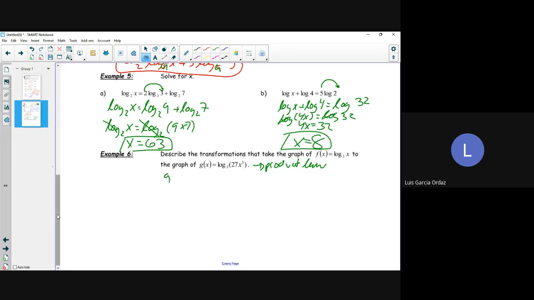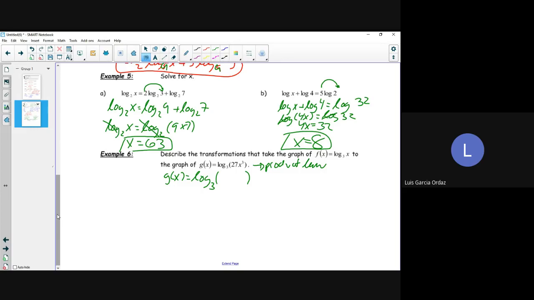So we have g of x is equal to log base 3. And now we need to write 27x cubed as a product of two separate values. So because the base is 3, we need to write 27 as 3 to the power of an exponent.